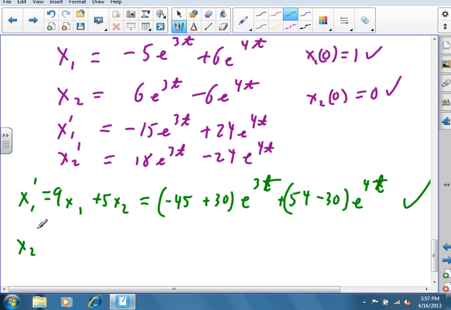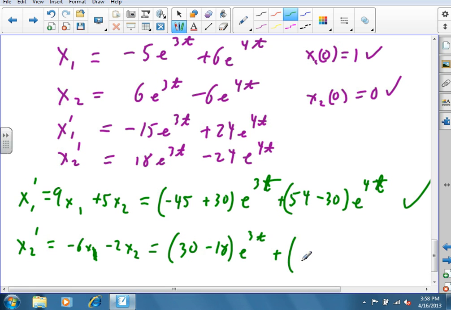And x2 prime is supposed to be minus 6x1 plus 2x2. Okay, and this is going to be 30 minus 18 e to the 3t plus minus 36 plus 12 e to the 4t.